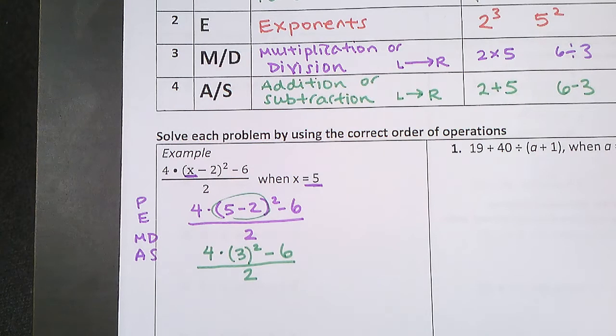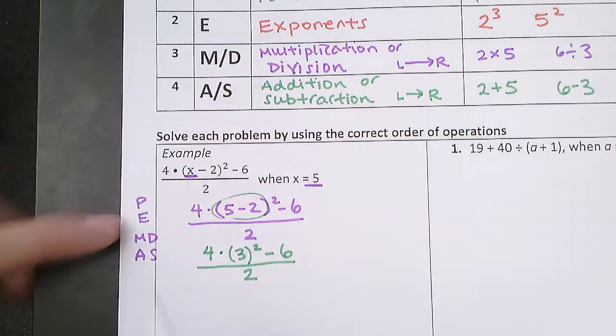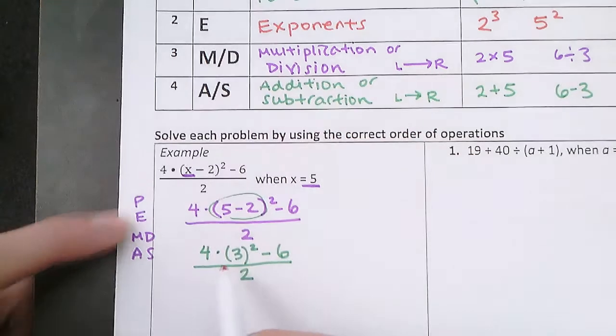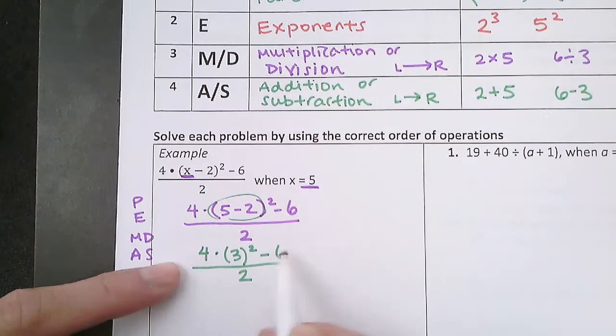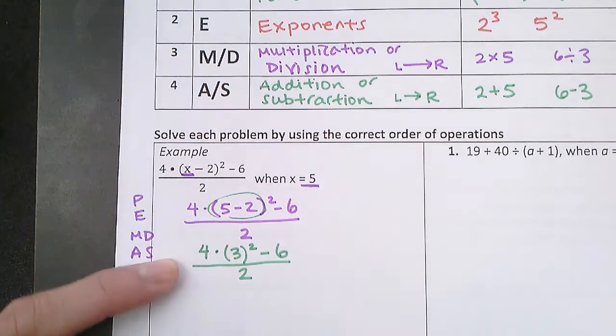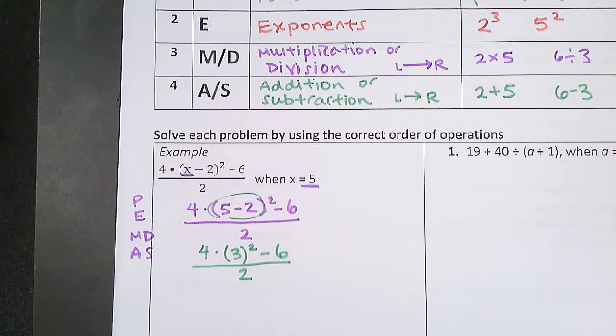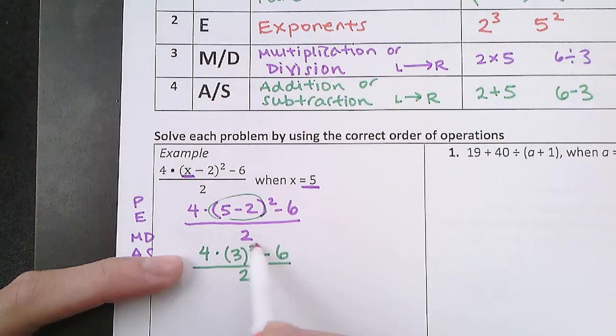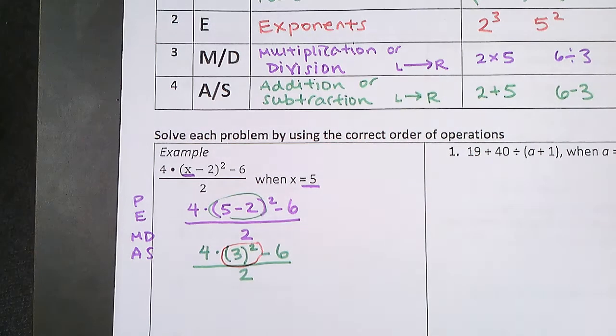Next is E for exponents. We check our expression here. Do we have any exponents, any numbers to a power? Yes, we do, right here. So I'll circle that. That's what we're going to simplify next.